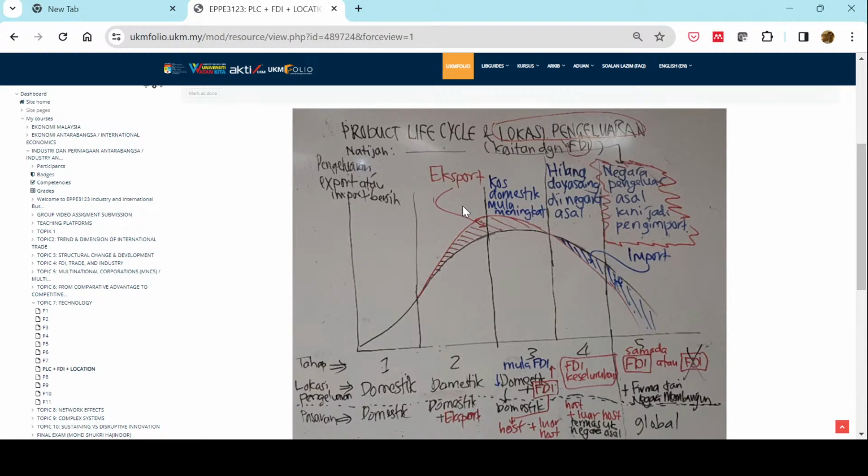Firms from developing countries are now joining as the producer as well as the exporter of the products. Just like in the case of Malaysia, in the 1990s, Malaysia was known as the number one exporter, almost number one. I think it was number one exporter of television.